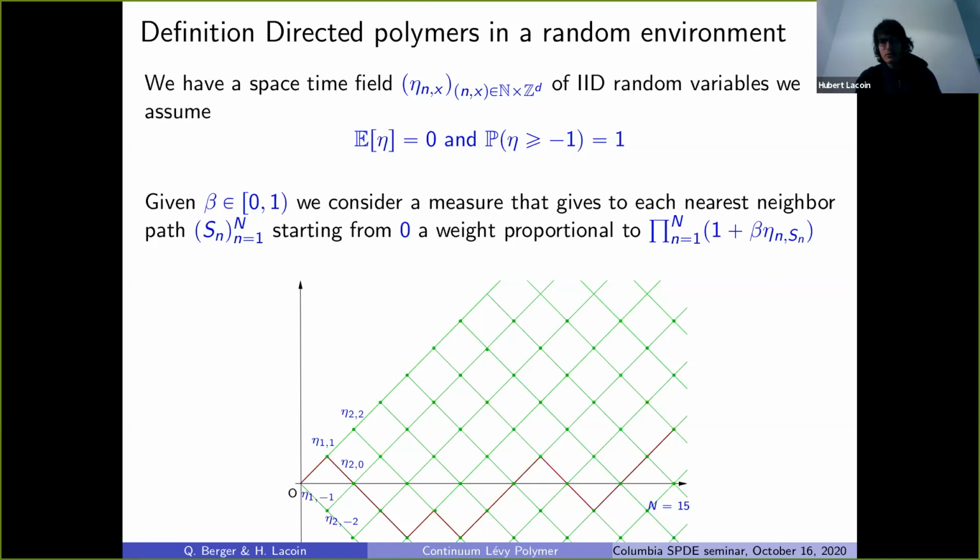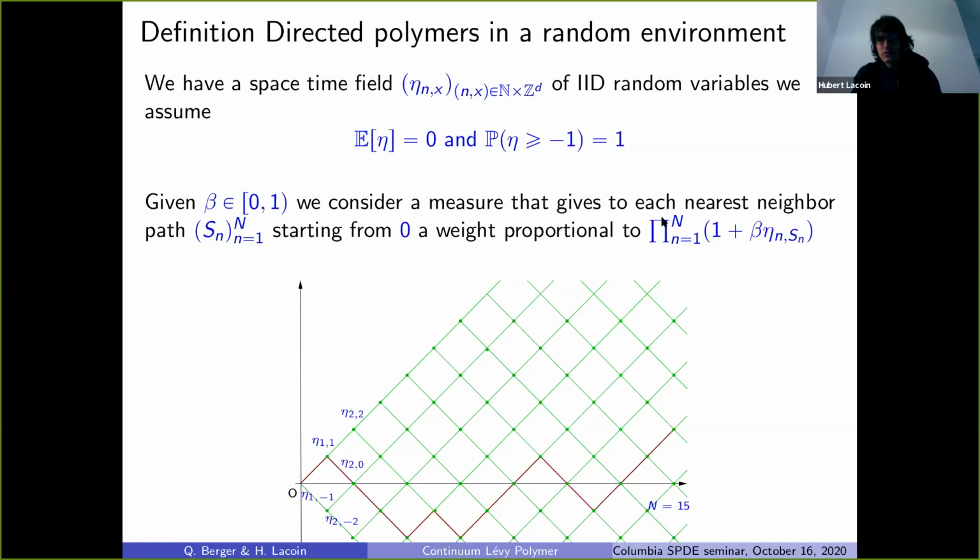Then to each possible path, we associate a weight, which is just the product over the visited sites of 1 plus beta eta. We are going to choose our parameter beta between 0 and 1. This kind of models the intensity of the disorder.